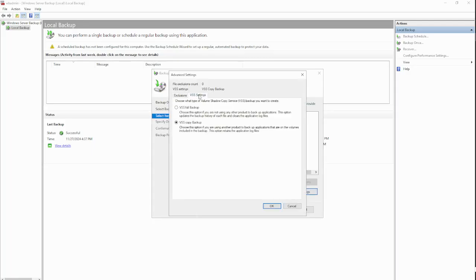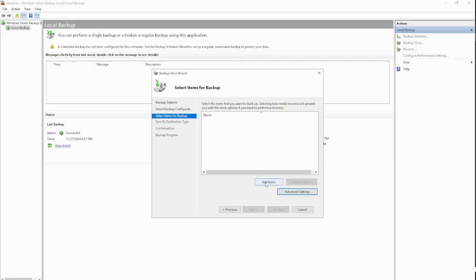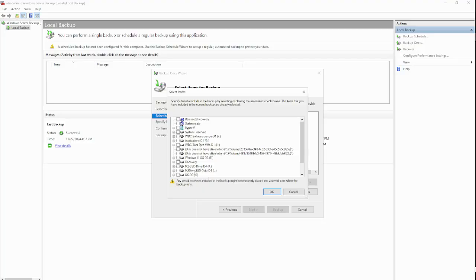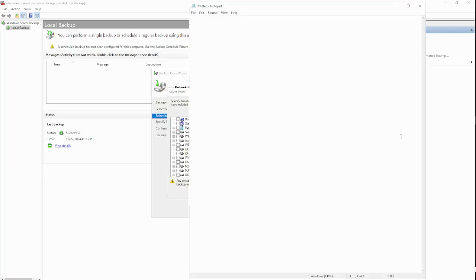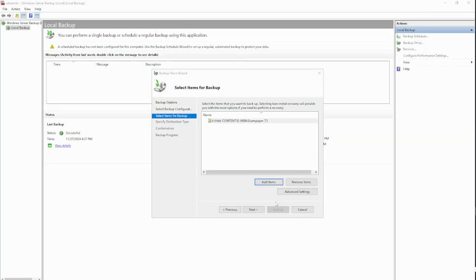You see it here, VSS copy, Volume Shadow Copy Service, yes. Once you add items, it will be copied here. This is the folder that I want to back up, the iDrive folder.